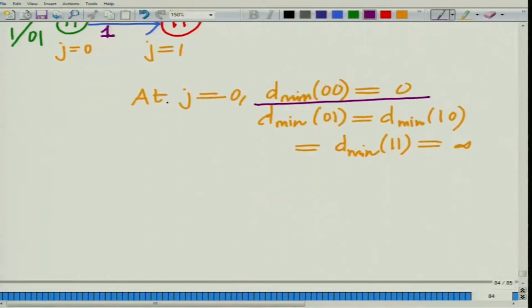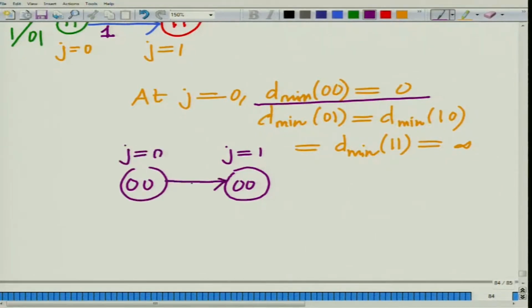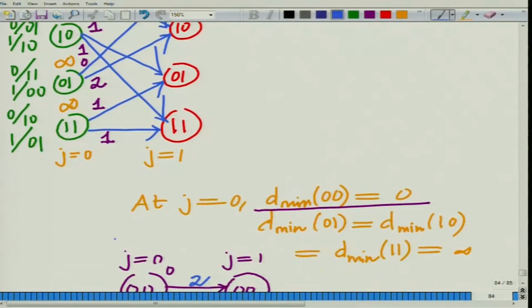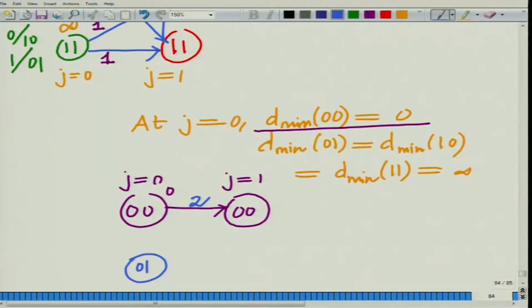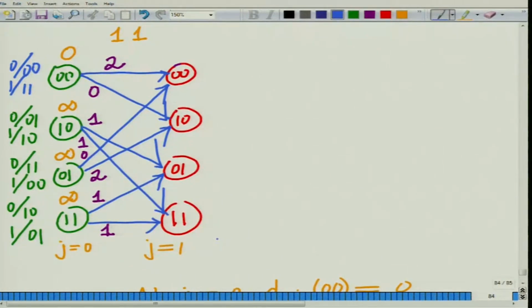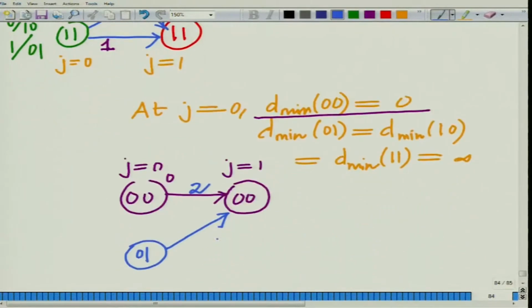The minimum distance to 0 0 is 0, and the branch metric, remember, is 2, the distance from 0 0 to 0 0. Or I can arrive from the state 0 1, where the branch metric is 0, but the minimum distance to 0 1 is infinity. Remember, we initialized it as infinity.